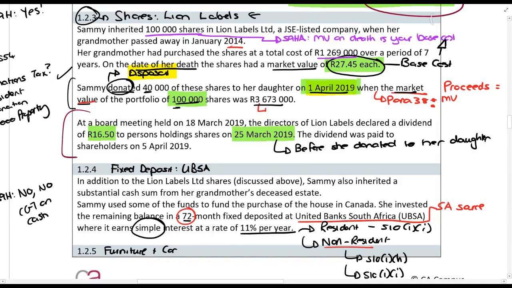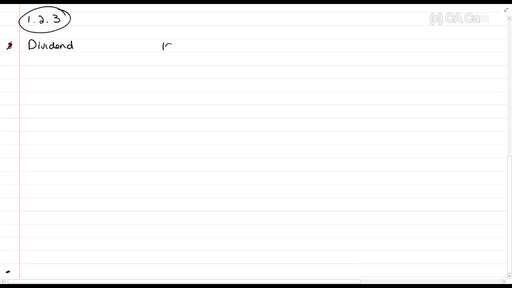So this is now when she is a resident, guys. What do they say about the dividend? 16 rands 50, 25th of March, that's when she still owned 100,000 shares. So that is why she gets the full 100,000.